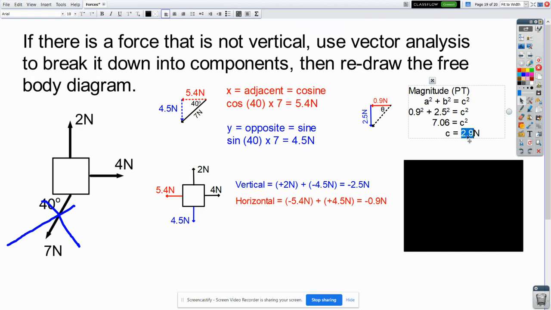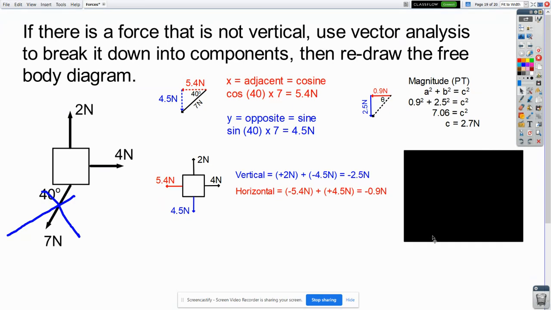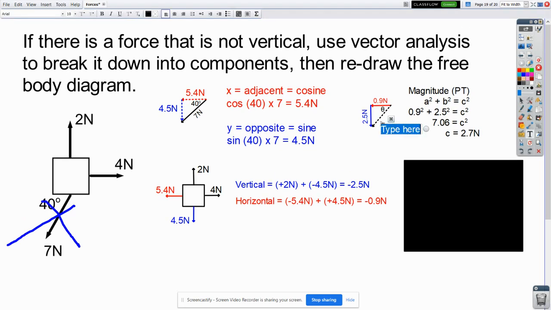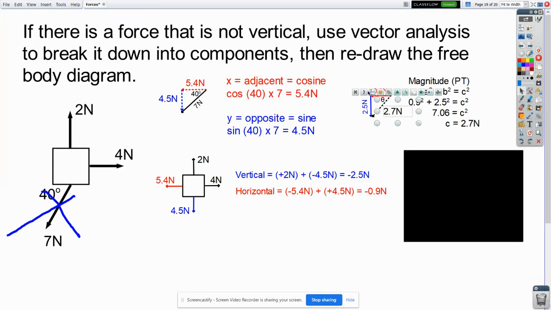We are going to have to square root that number to get the answer, and that is 2.7. So I know the magnitude of this is 2.7. That's the strength of it. The number part, that's magnitude.